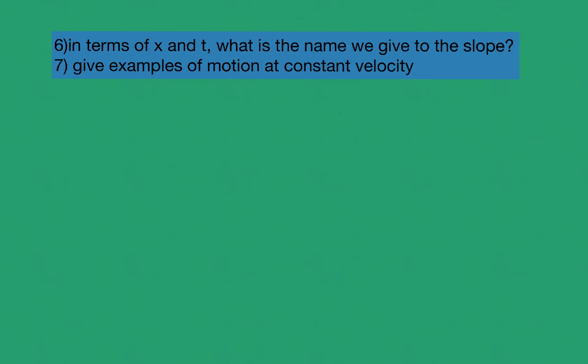In terms of x, what is the name we give to the slope? The slope is delta x divided by delta t. And what is the name that we give to the slope? Velocity.